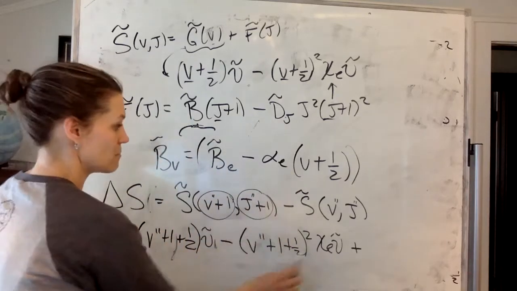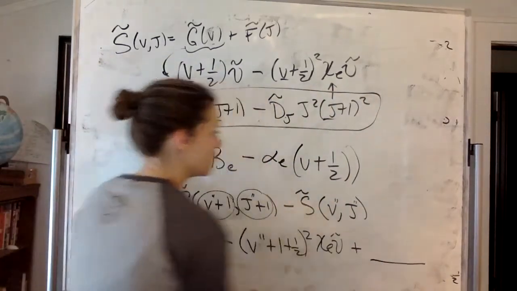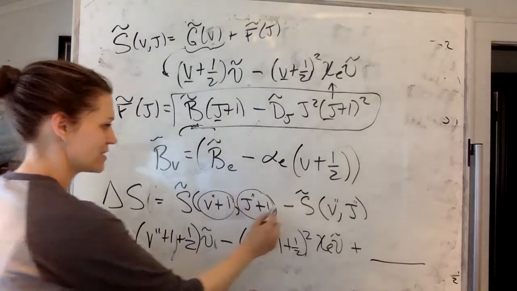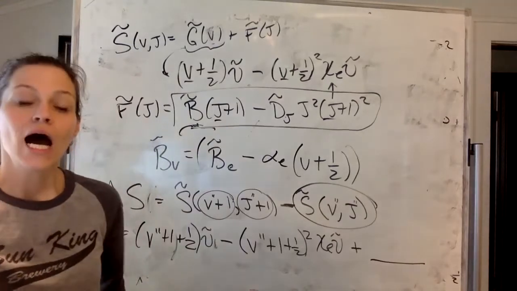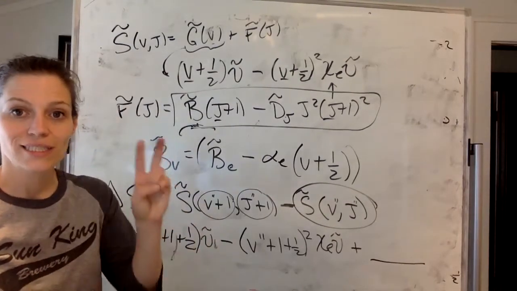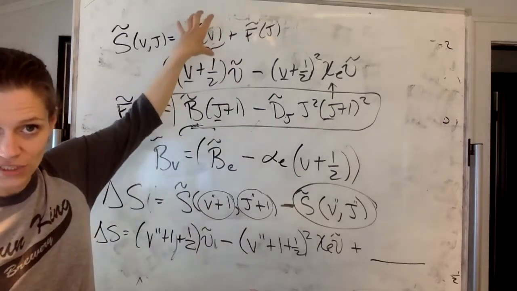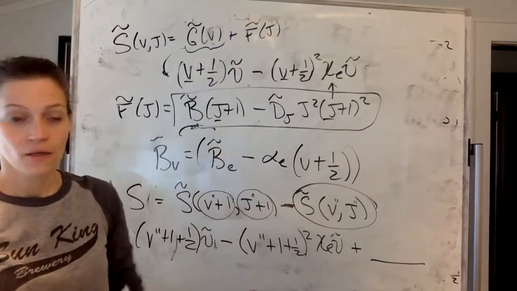So then you're going to do the same thing for this whole term here, and then you're going to subtract, there's the delta here, this whole term, okay? I recommend doing this in two steps. Do it just for delta G and do it just for delta F, and then add them together, okay?